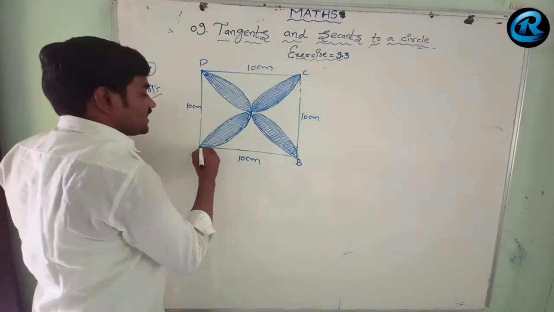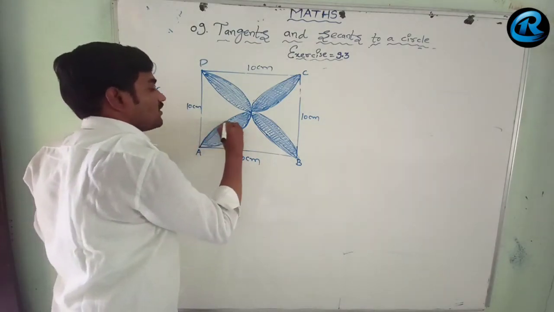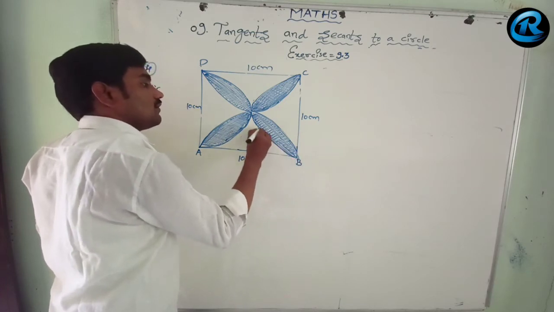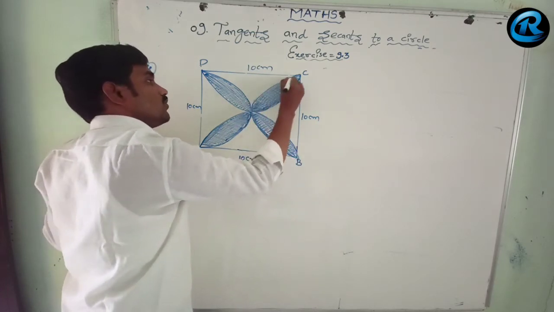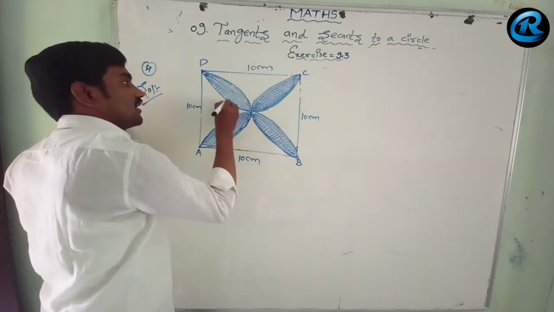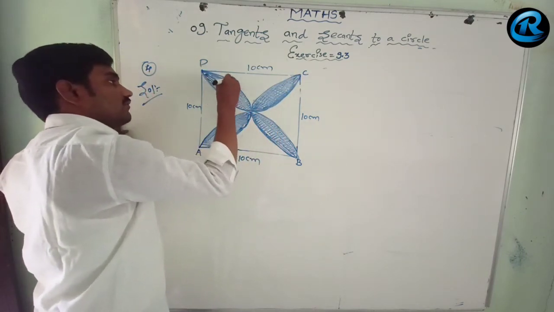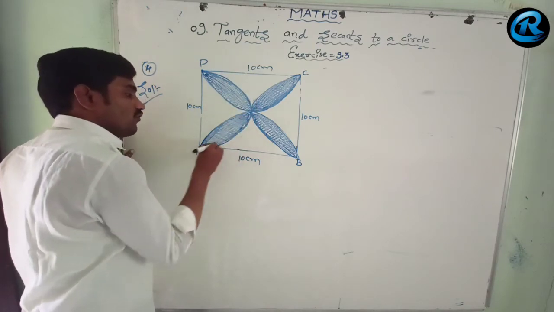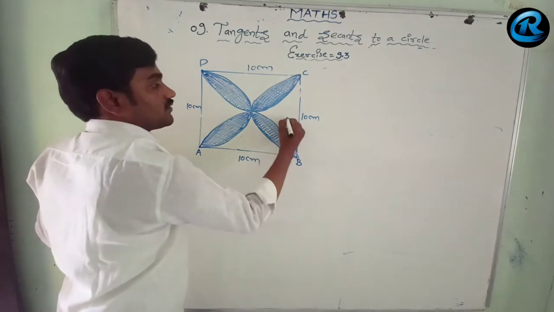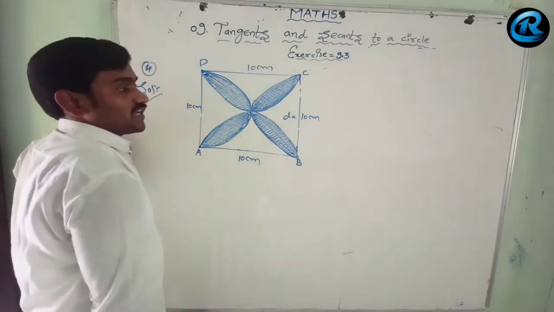If you see how many semicircles are drawn, 1, 2, 3 and 4. Four semicircles are drawn with their diameter d equal to 10 cm.